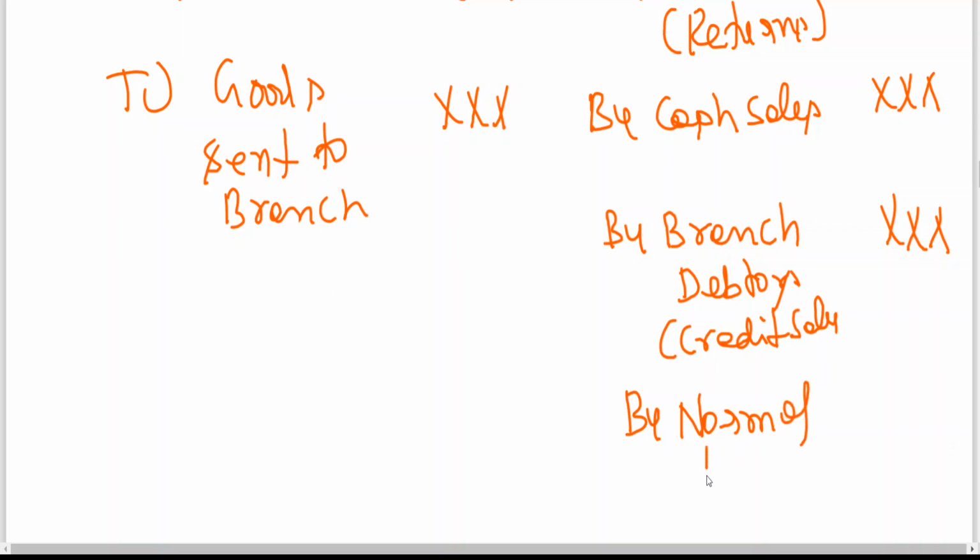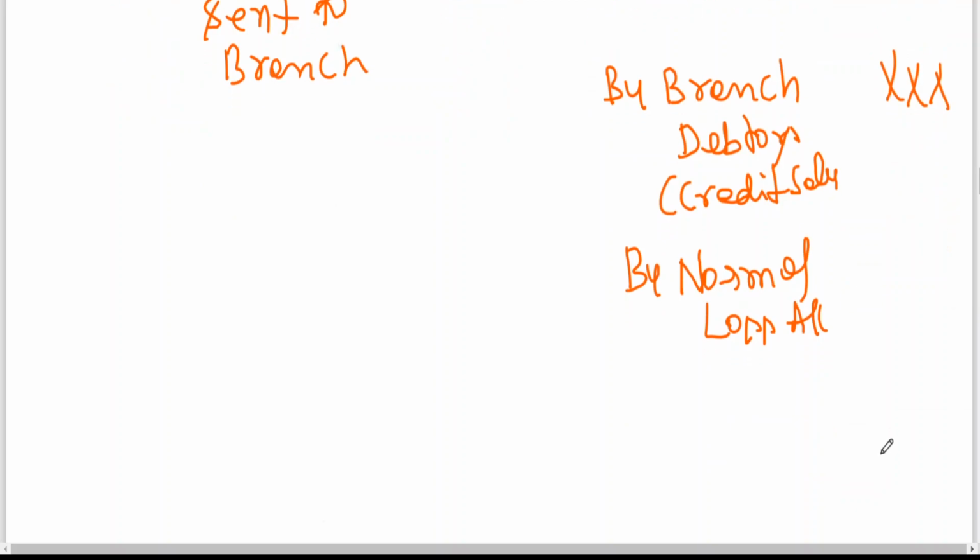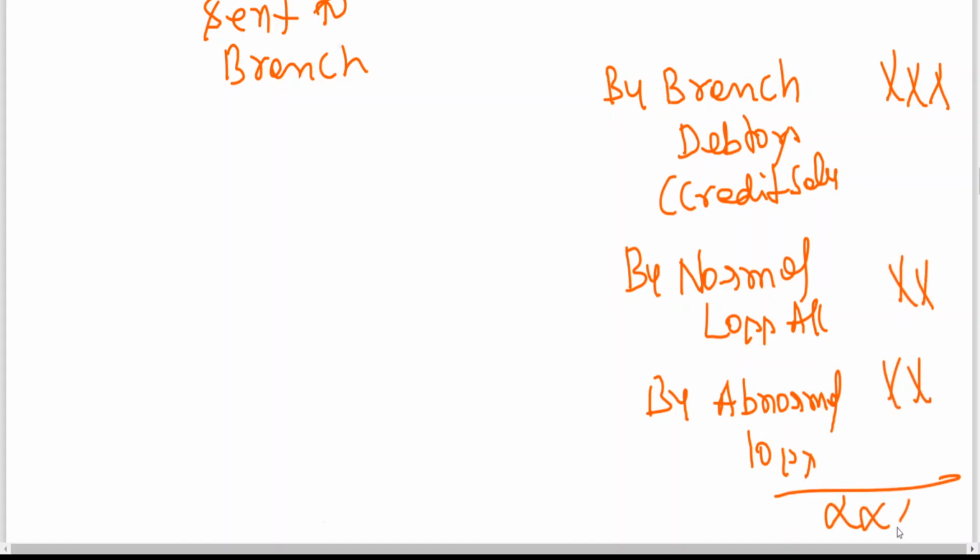In consignment we learned normal loss has no entry, so why are you writing it? We will discuss that later at the appropriate stage. For the time being, just remember the formula. By abnormal loss. And sorry, just a minute. I write by balance carried on also. By balance carried on. Anything can be missing information.